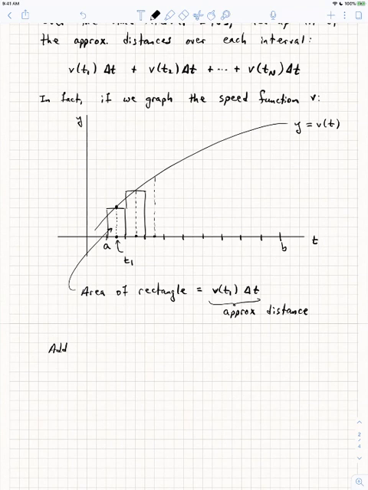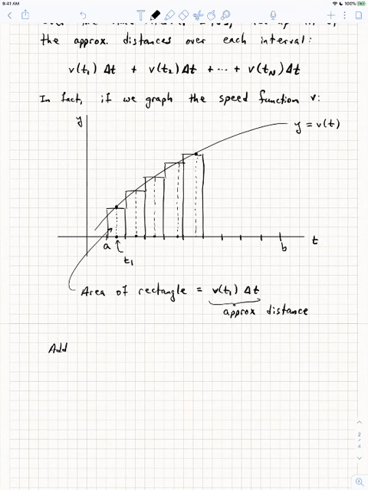Notice I'm using the midpoint, but it doesn't have to be the midpoint. It could be any point that I wanted. So I could even choose one slightly off to the side of the middle. Any point will do because the speed is approximately constant. So it doesn't matter which point I pick, because whatever the speed is, it should be roughly the same as anywhere else in that interval, and so on.